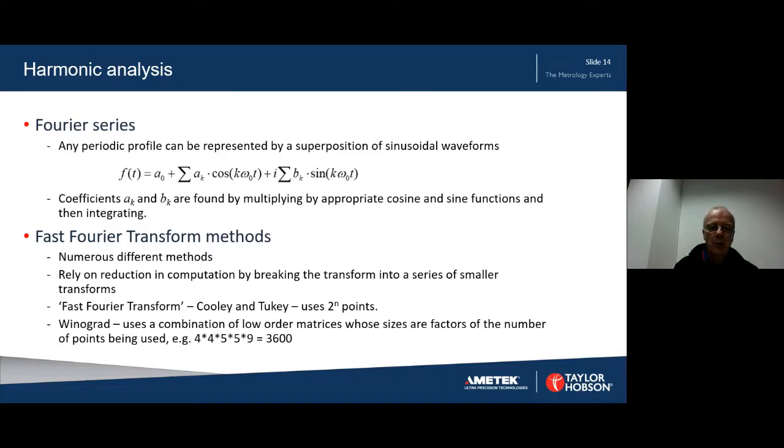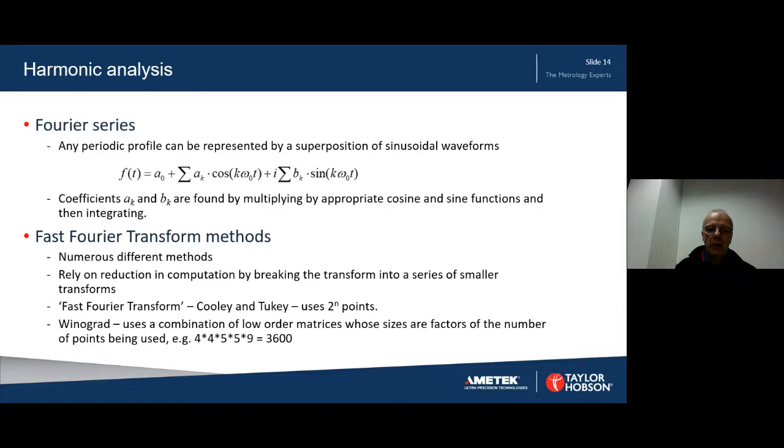Fourier theory can be summarized as any continuous periodic function can be represented by a superposition of sinusoidal waveforms. When measuring roundness of a complete circular component, such as a bearing race, the profile is inherently periodic, and so the profile can be expressed as a Fourier series, as shown here.